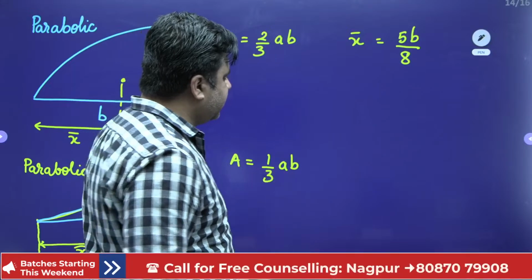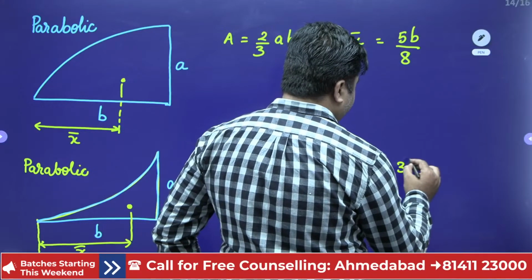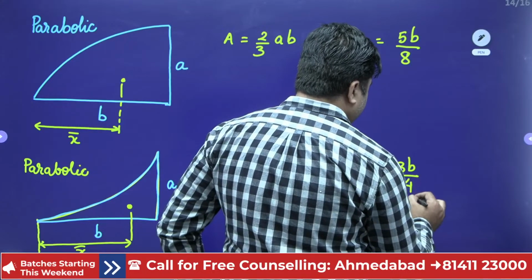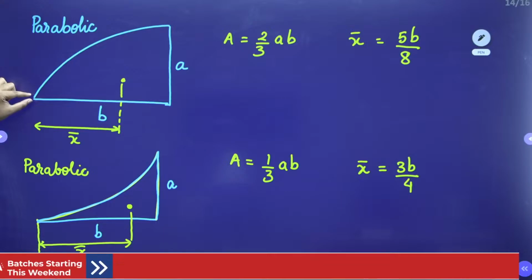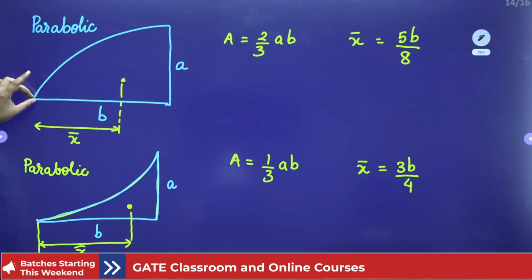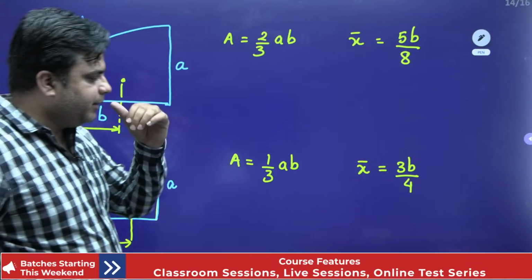Area is 1/3 of A into B and x bar is 3B by 4. Just observe which end I am talking about. I have always taken the end which has less value of the function, or where the function is getting merged. From that end, the value of x bar can be calculated.